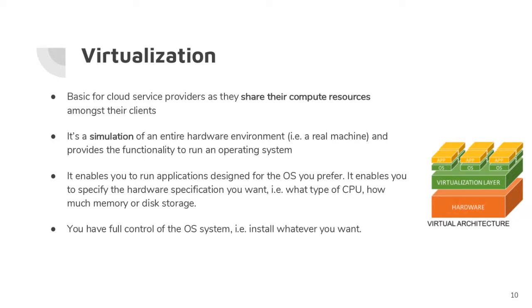But in your virtualization layer, you can only ask for 1 CPU and maybe 500 gigabytes of disk and 4 gigabytes of memory. Another advantage of virtualization is that you have complete control. So if you install the OS, you're the administrator and you can install whatever you want.